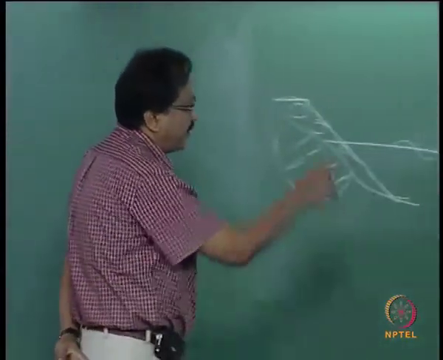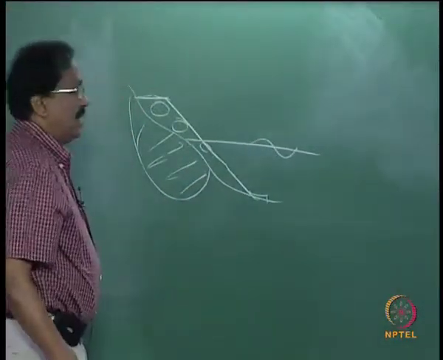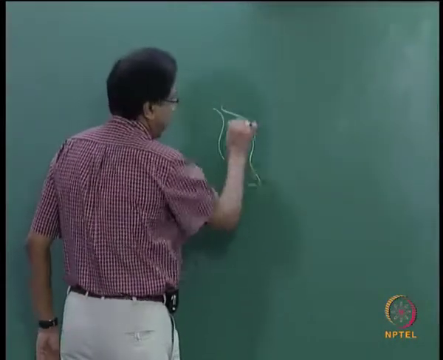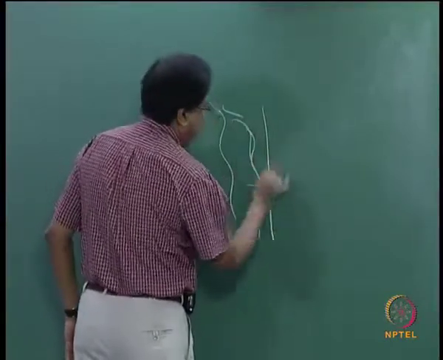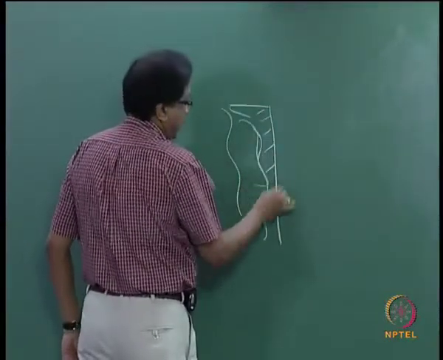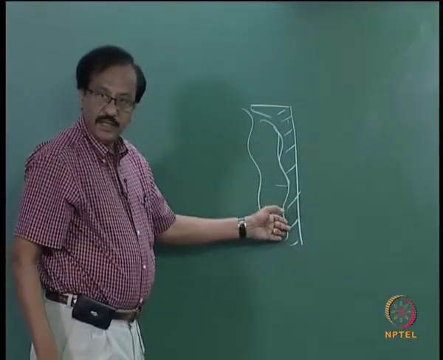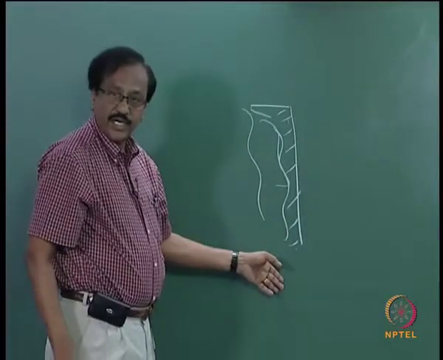What is the purpose of a bulkhead? The primary purpose of a bulkhead is to prevent sliding of the land into the ocean. So, when you have some land mass, you can have a structure like this, which is called a bulkhead.